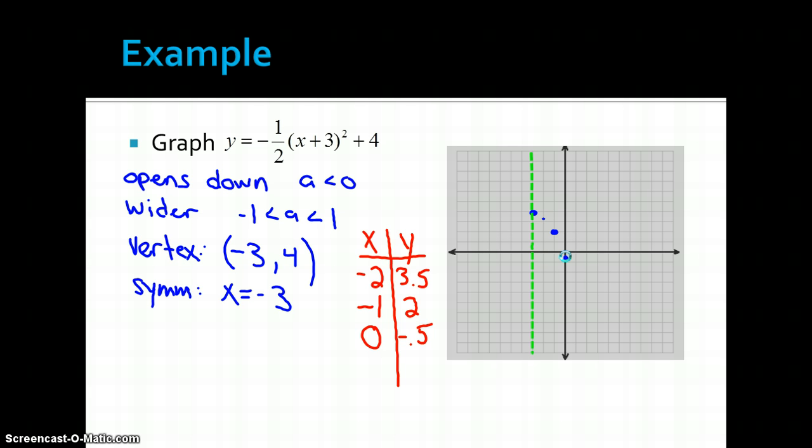Again, we could go to the left of the axis of symmetry, or we could just use that axis of symmetry and plot our points here in the same way. And we're good to go now. Hopefully we can see that is a little bit wider than our parent function. Again, the negative is what tells us that that opens down.